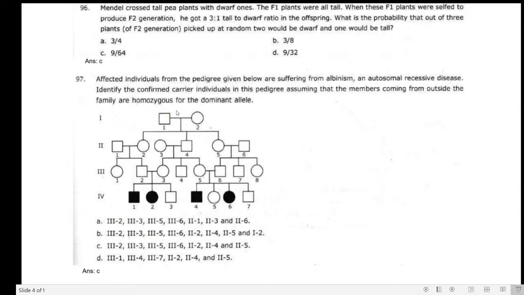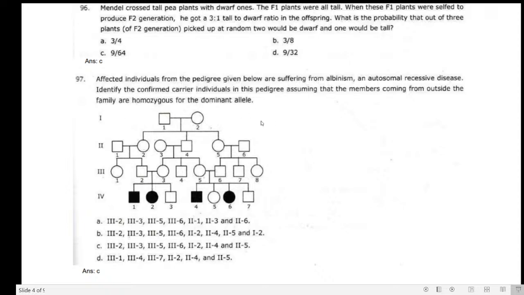Then the next question: affected individuals in the pedigree given below are suffering from albinism, an autosomal recessive disease. Identify the confirmed carrier individuals in this pedigree, assuming that members coming from outside the families are homozygous for the dominant allele.